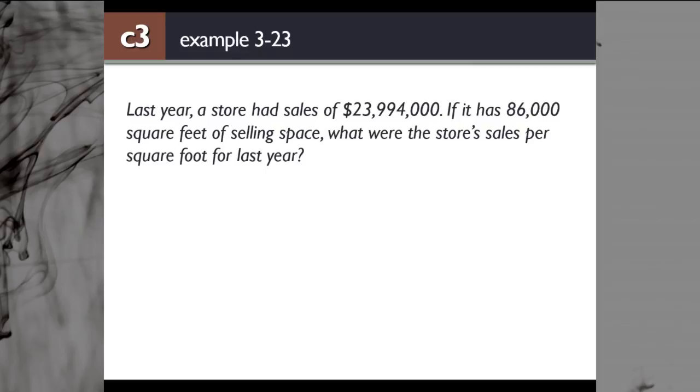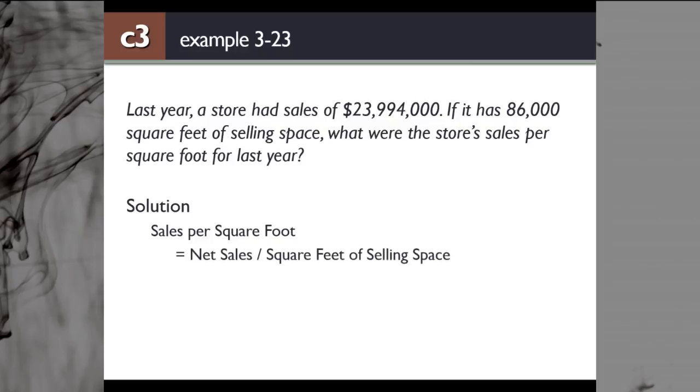This gave you the square feet of selling space, so you can calculate the productivity based on selling space. You put total sales from last year at the top and divide by total square feet of selling space.